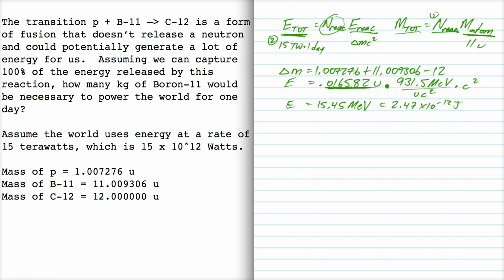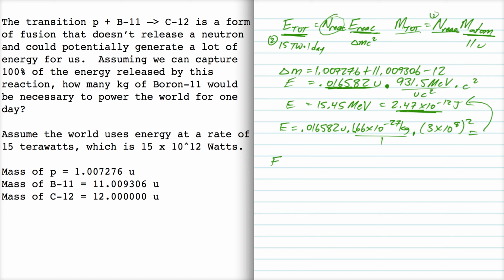So if I wanted to use MKS units, I would say the energy is equal to 0.016582 atomic mass units, converted into kilograms, and then multiplied by c squared. If I work this out, I get this. So that's the first step. I've calculated the energy in a reaction. It's this little bit, 10 to the minus 12 joules.